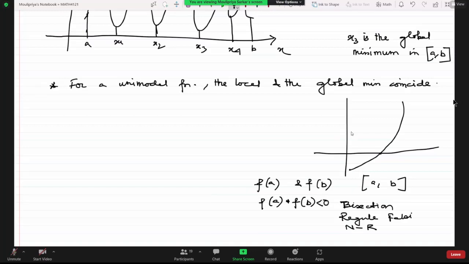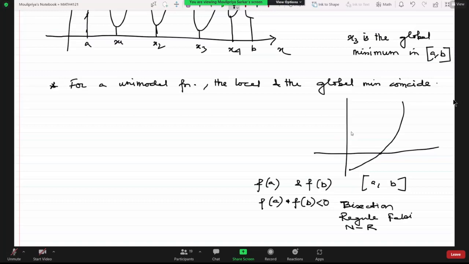Yes, ma'am. Okay. Now we are going to learn about a similar method known as the elimination method. We are going to talk about certain search algorithms. In LPP, the objective function was linear. Am I right? Yes.